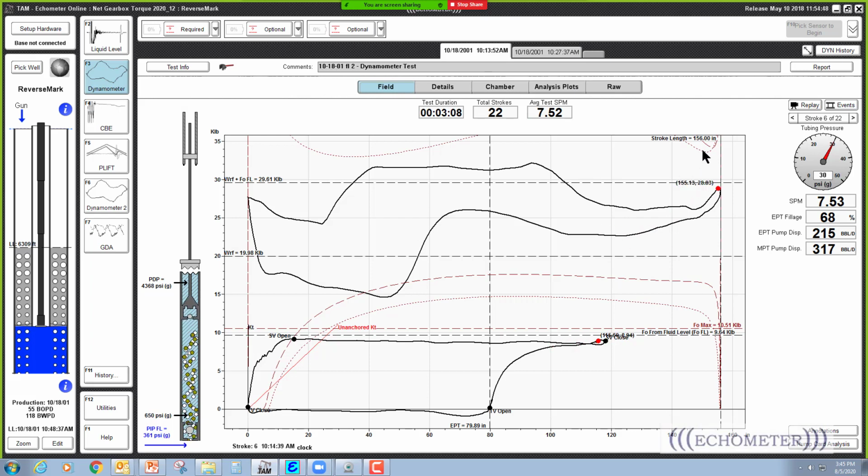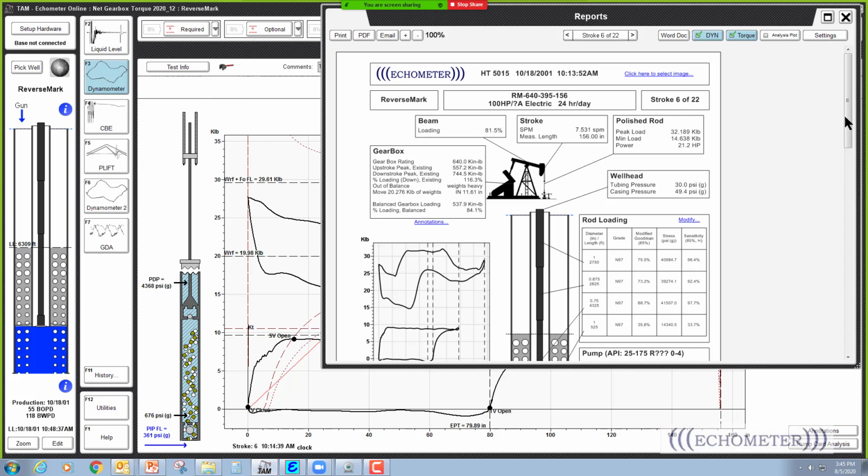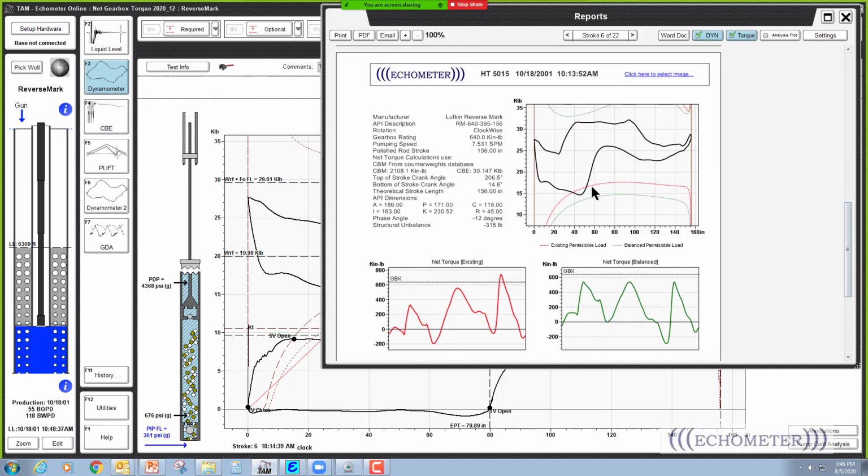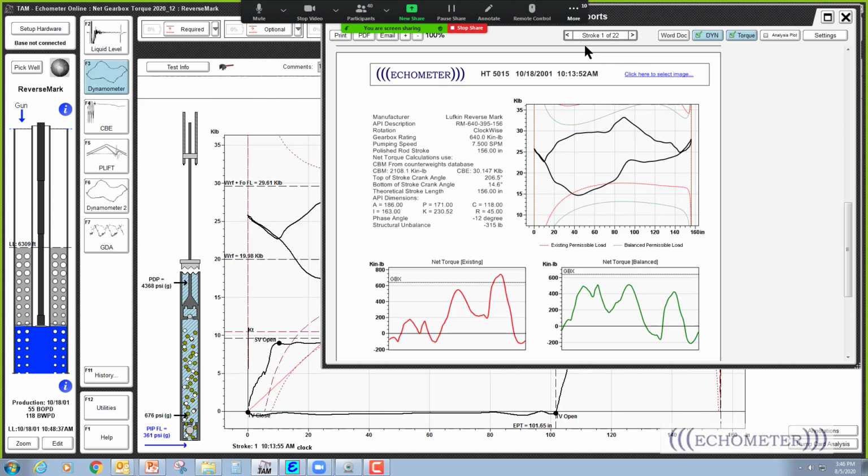So if I go into the report and look at the net torque curve, you can see here it looks like it's currently overloaded, and we need to move the weights based on this dynamometer card. If we go back to stroke number 1, it's still overloaded, but you can see it almost fits in here.